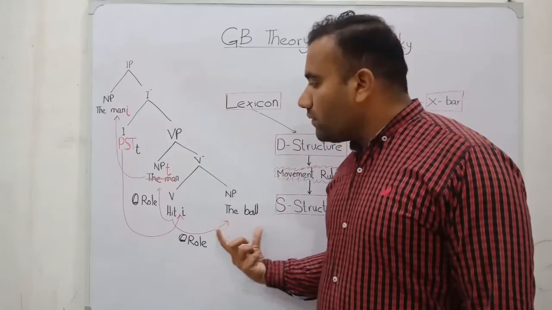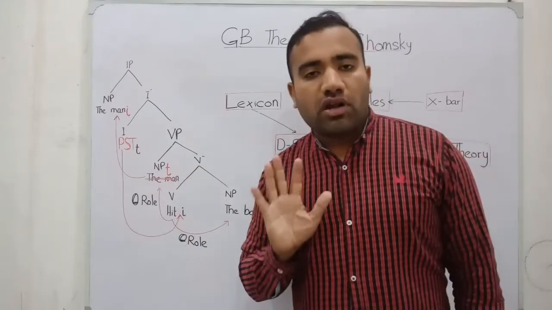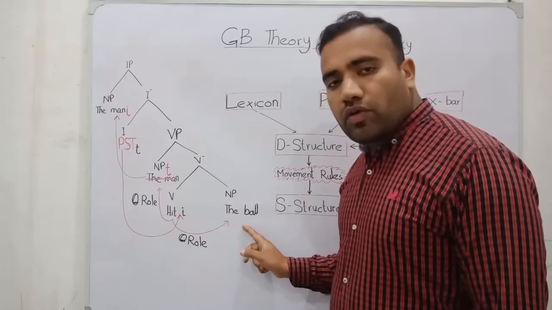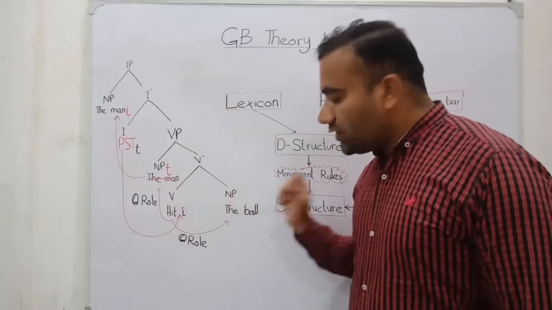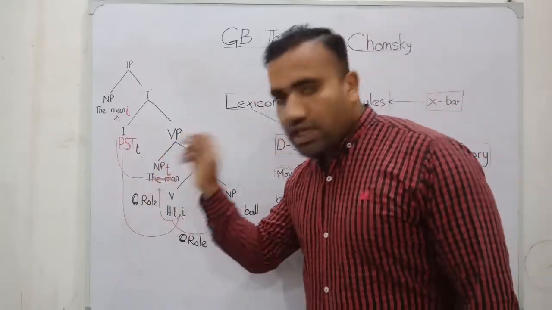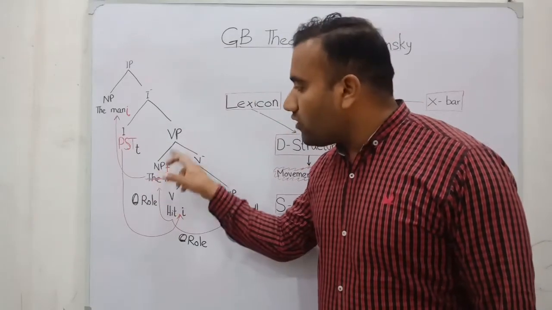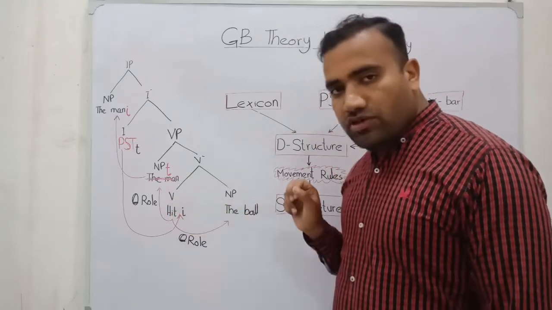One, the ball. The second is the passive, and I have already told you that this is the internal argument, because the placement of this is internal. This is the internal, and this is the external, the external argument of the VP, and these two are sisters.